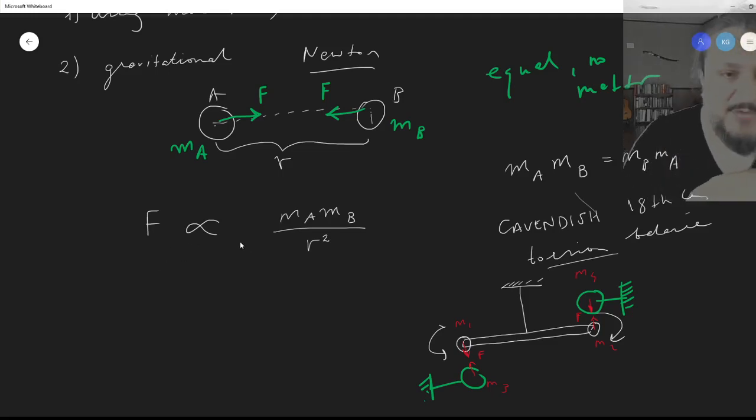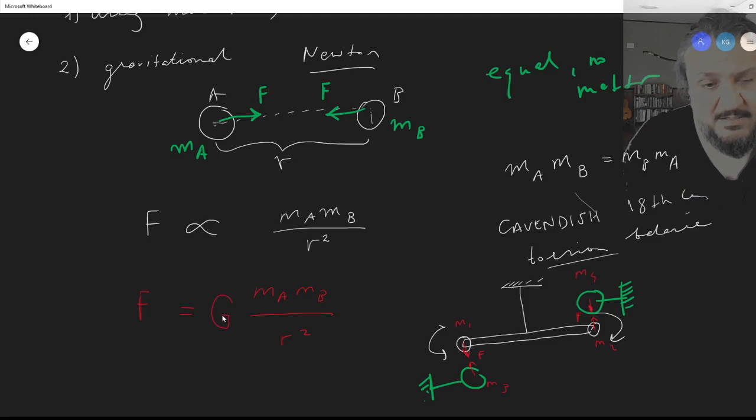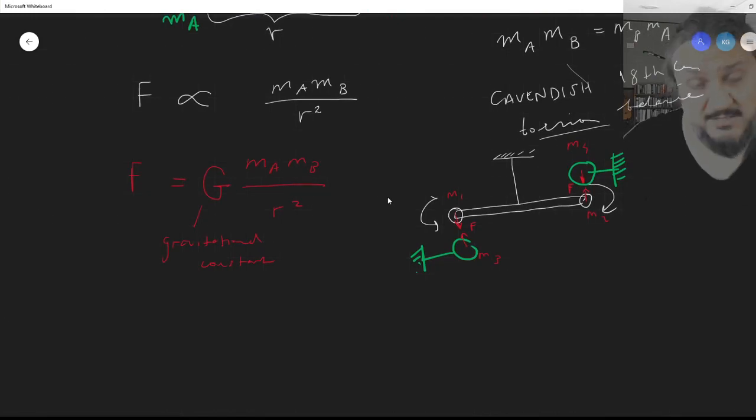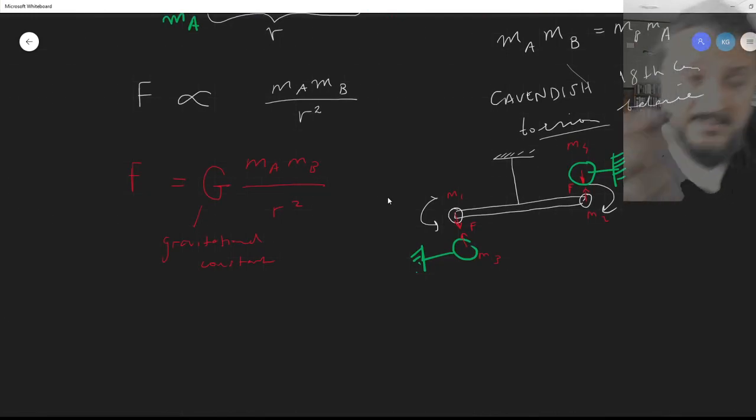We write this proportionality in a form with the equal sign here. Instead of proportional, we are equal. So there's still MA and MB and R squared here. But in order to make this an equality, we have to introduce a constant here. G is called the gravitational constant. Remember, it's weak. The force here is so weak.